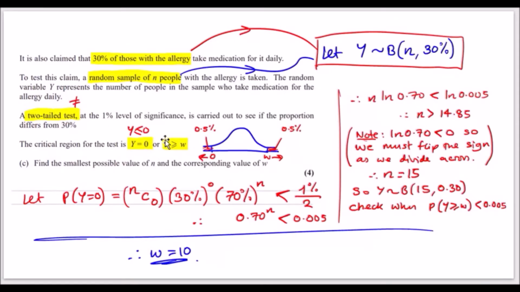That's it. Now we plug it in, so Y is a binomial of 15 and 0.30. Now all we have to do is use a table and see when the probability of this critical region is going to be less than 5%, because we're in that region. We need to find the corresponding w value in the tables. I got the answer here, but we're going to come back and see why.